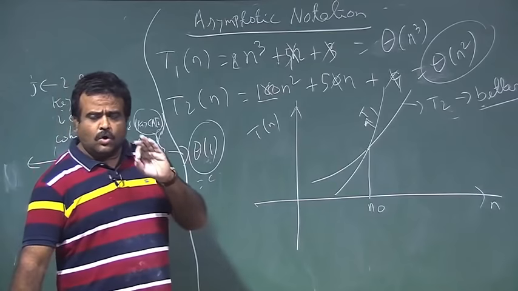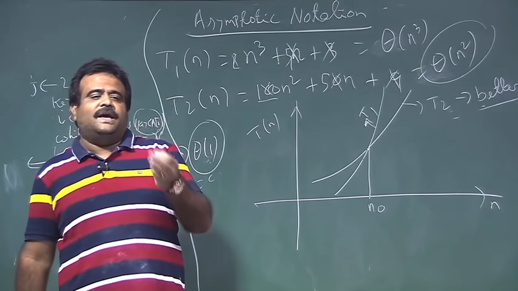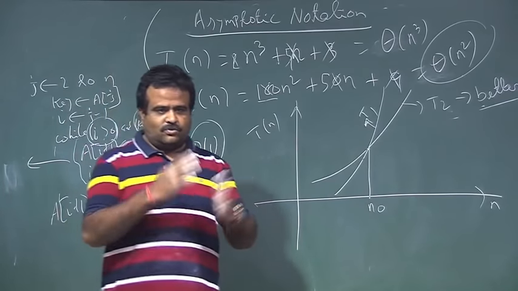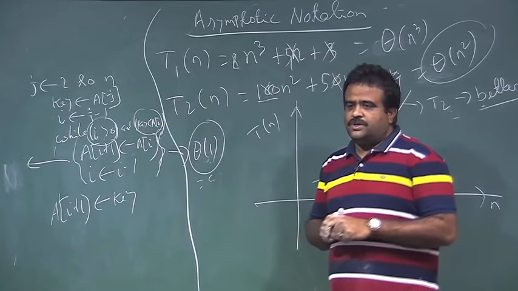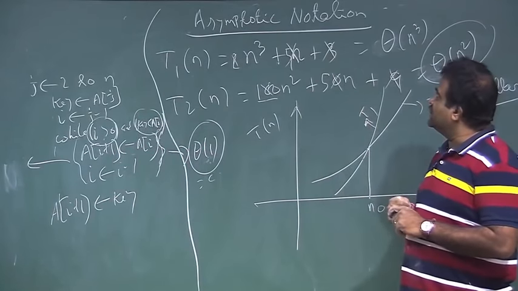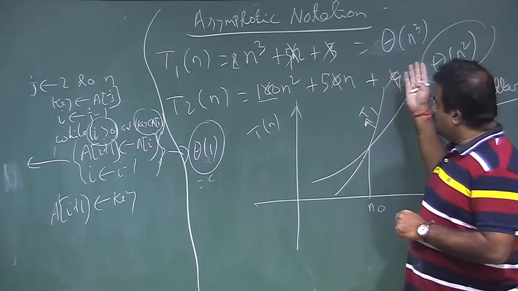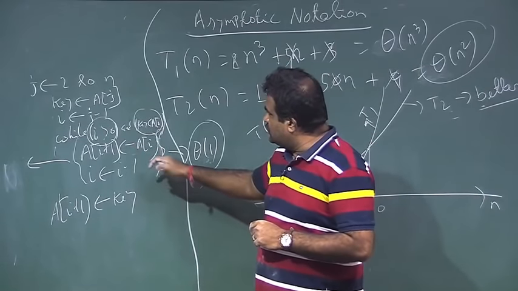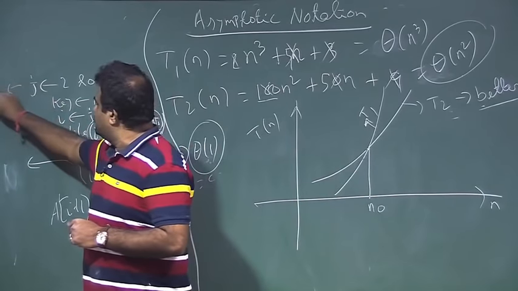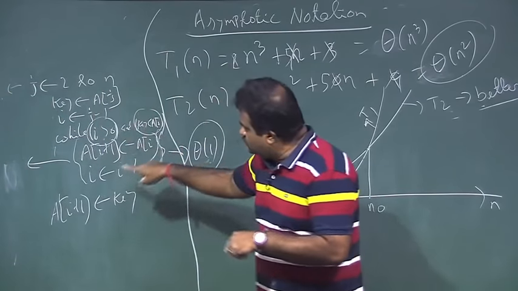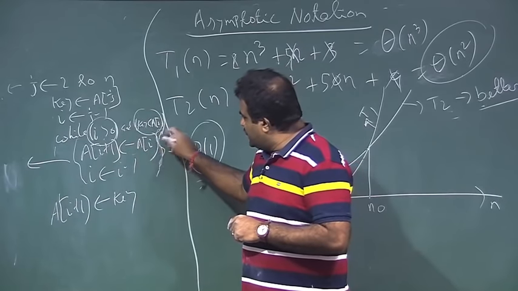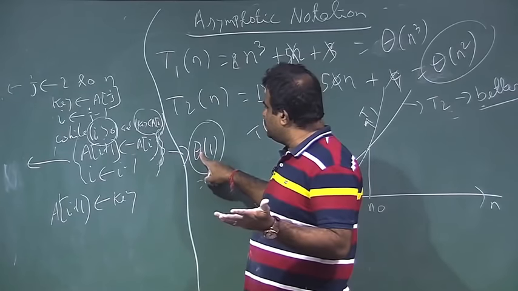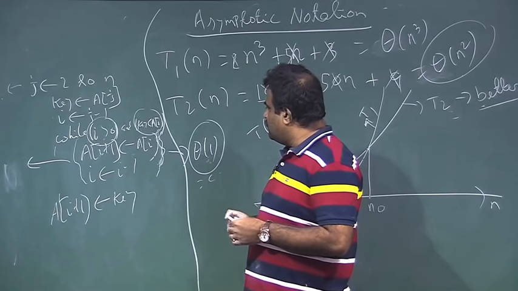That means we want to see the growth of the runtime, we want to see where the runtime is going when n is large, when the input size tends to infinity. That is the observation we make for asymptotic notation. So, this is a loop in n, but the time we are spending inside is some constant time, so we write it in theta of 1 way.